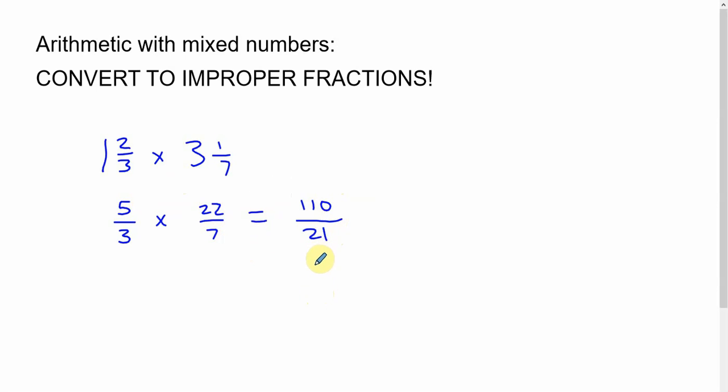And so that is the answer as an improper fraction, but we would probably want to convert it back to a mixed number. One reason being because we were given mixed numbers, we should give our answer as a mixed number. So we have to figure out how many times 21 goes into 110. Maybe use a calculator to help you out here if you need it to, but if you don't have a calculator, you can guess: 21 times 4 is 84. 21 times 5 is 105.